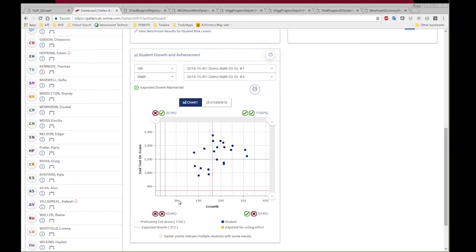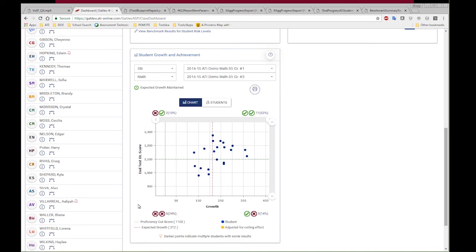So here's the student growth and achievement. And this is showing you both achievement, whether or not they passed this last test in the series, that third quarter assessment, and also the growth between, in this case, I chose the first quarter assessment and the third quarter assessment. So October to March.